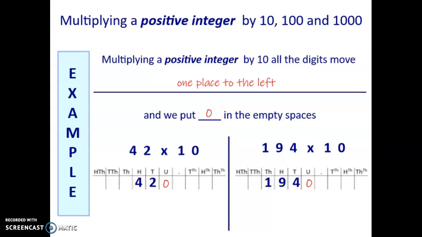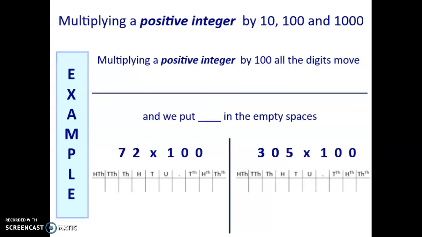Let's look at some slightly different examples. My next examples involve multiplying by 100. When I multiply a positive integer by 100, this time all the digits move 2 places to the left. And again, I need a placeholder of a 0 to put in any empty spaces.